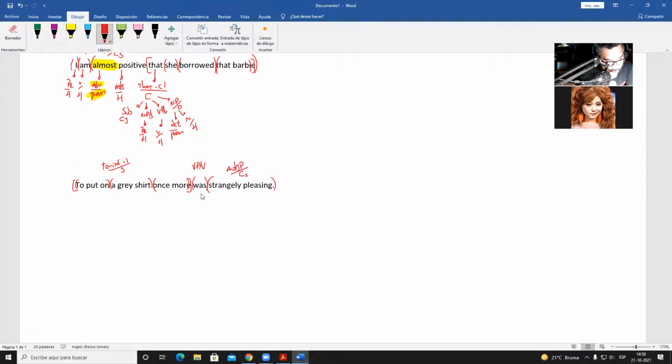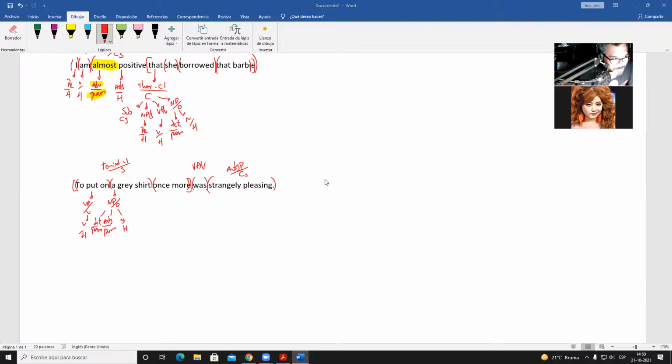Then what's inside of this to infinitive clause is a verb phrase, verb, and the rest of the stuff, right? On a gray shirt, a gray shirt. Once more. Okay, here we need to do something.